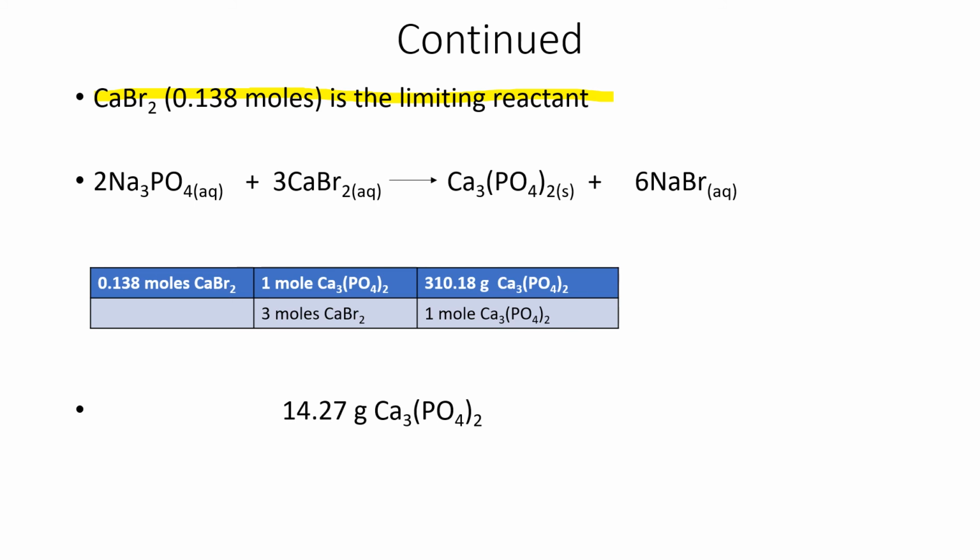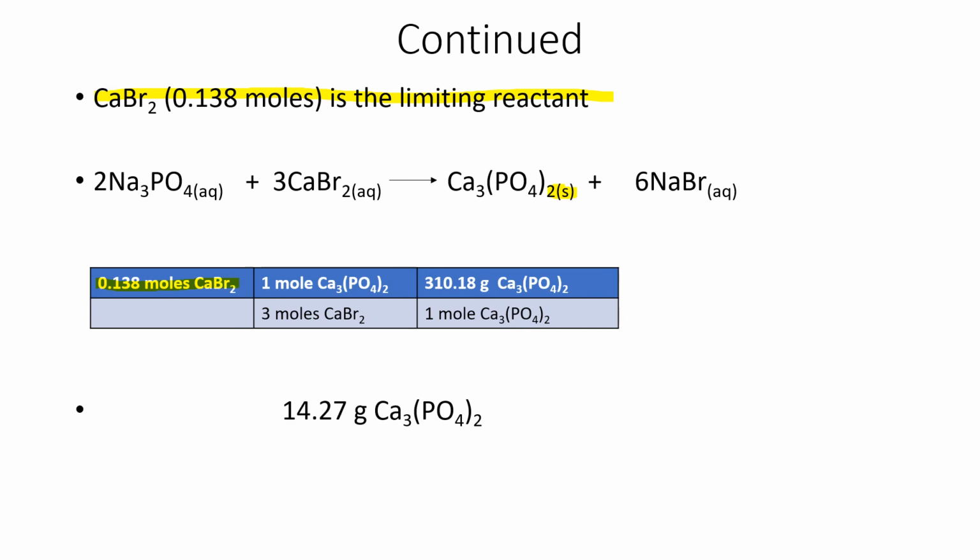Once you have the limiting reactant, well, now we just got to figure out how much precipitate will form from that. Well, we determined our precipitate was the calcium phosphate, so now we just got to go through that specific calculation. We use our limiting reactant to figure that out, 0.138 moles of calcium bromide.